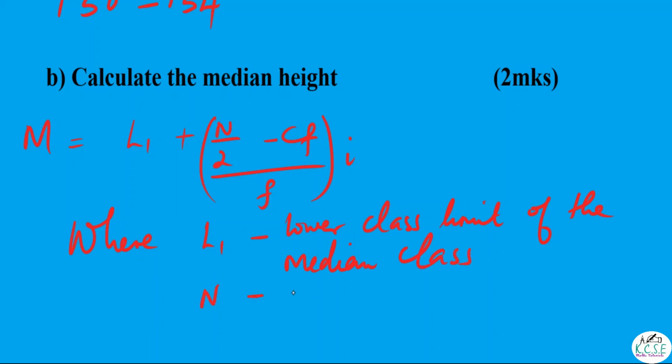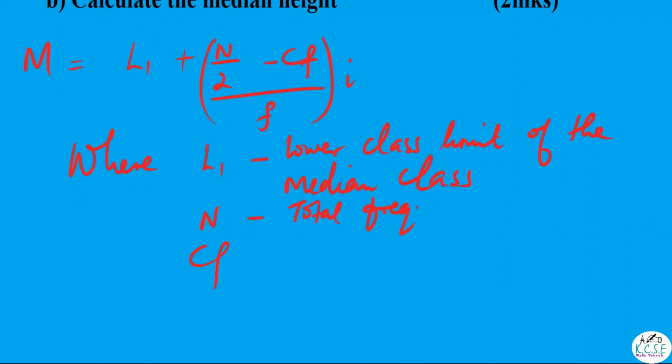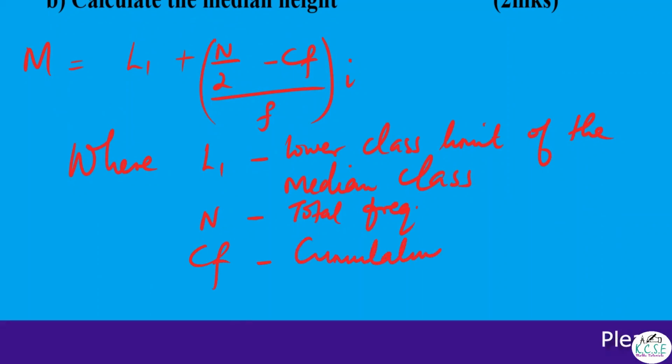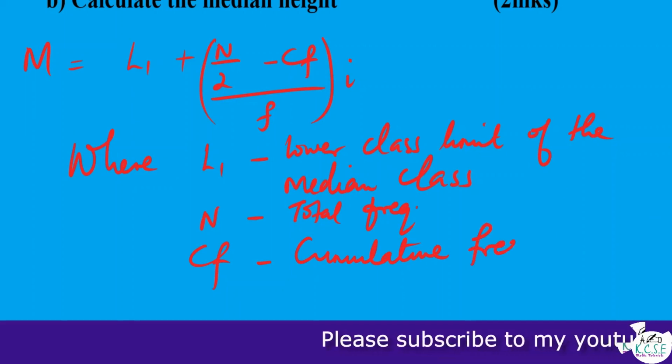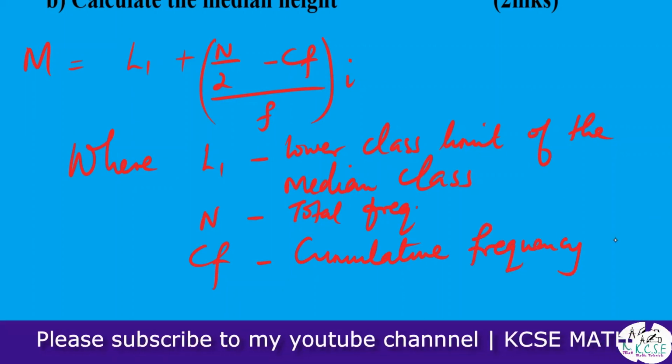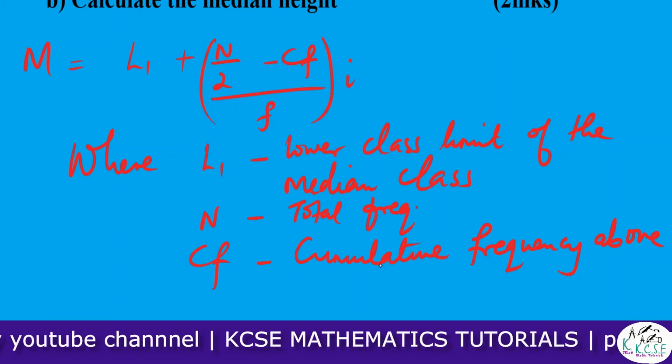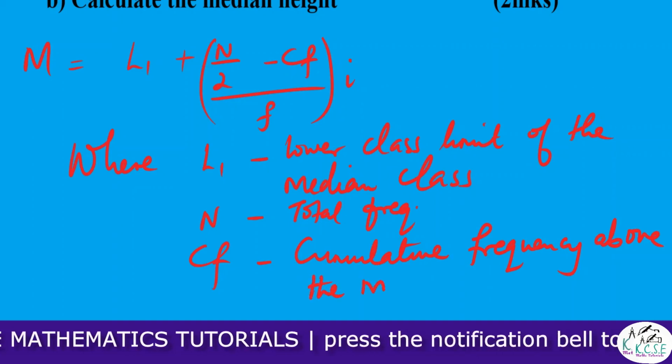N is the total frequency. Then CF is the cumulative frequency above the median class.